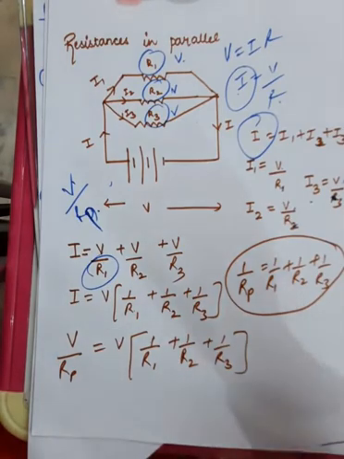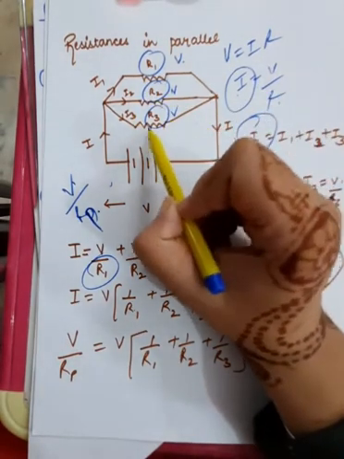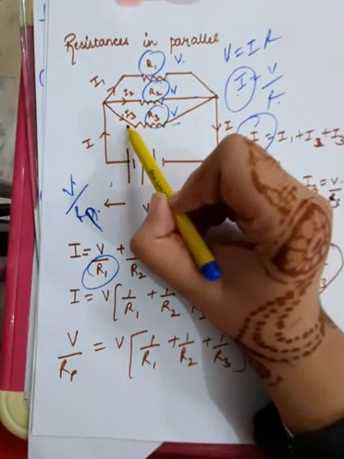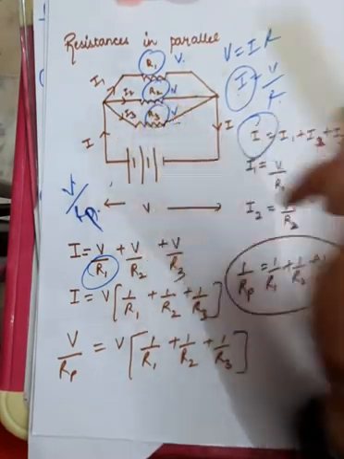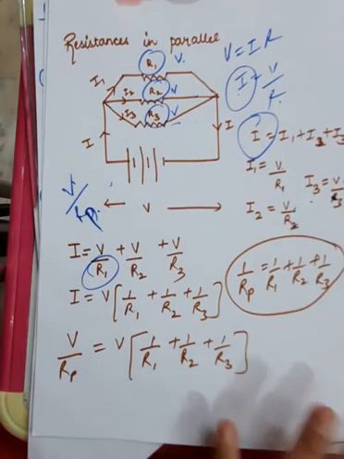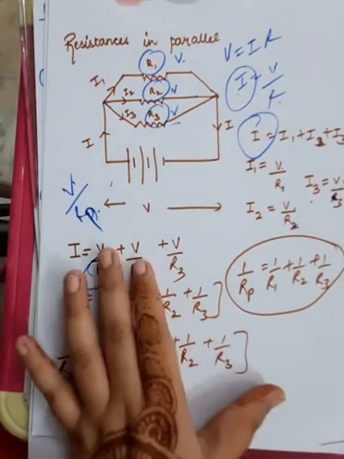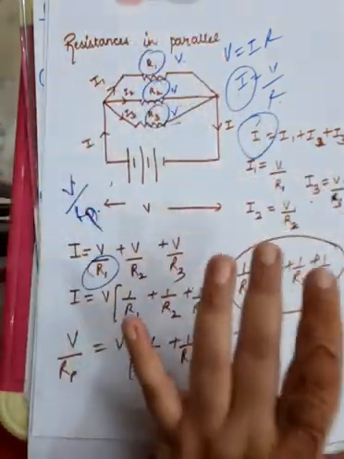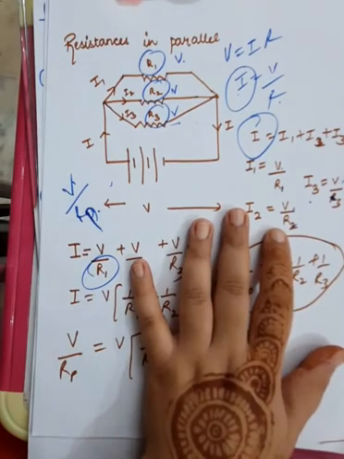If the value of the resistance is more along the third path, very little current will be flowing along the third path. So remember that. After that, what is the next point? Total current is the sum of all the individual currents flowing across all the wires, right?